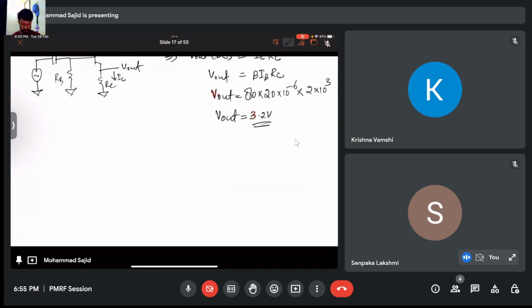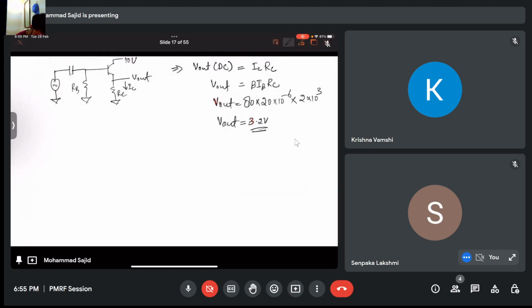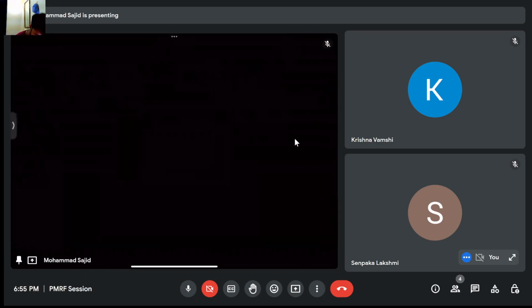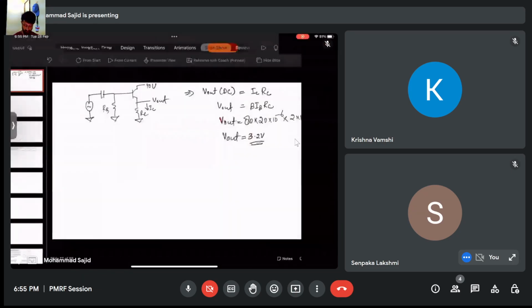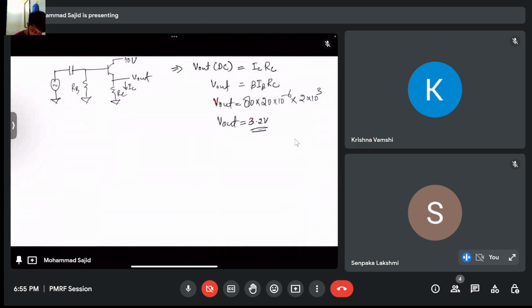So this is my DC condition for the transistor. Now we got the DC condition.